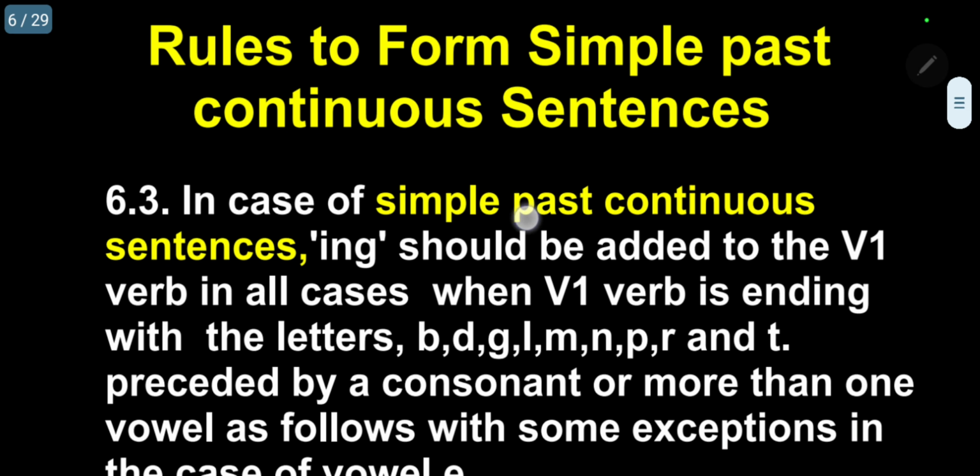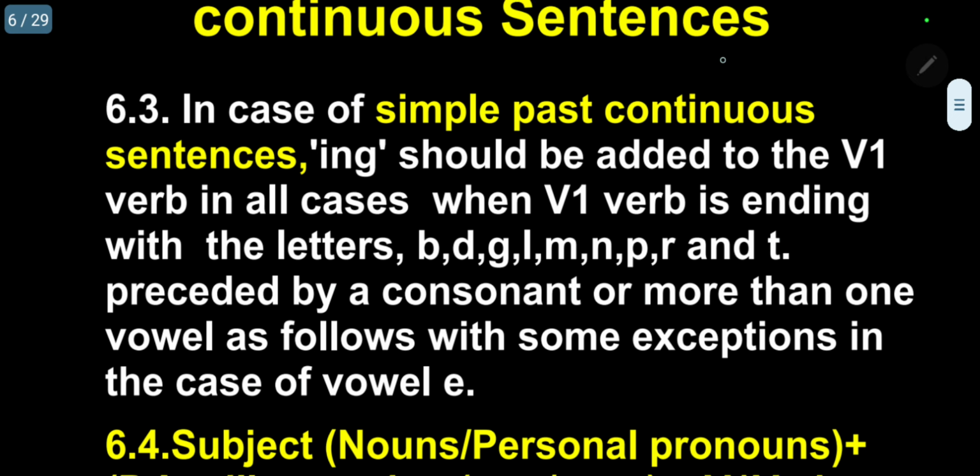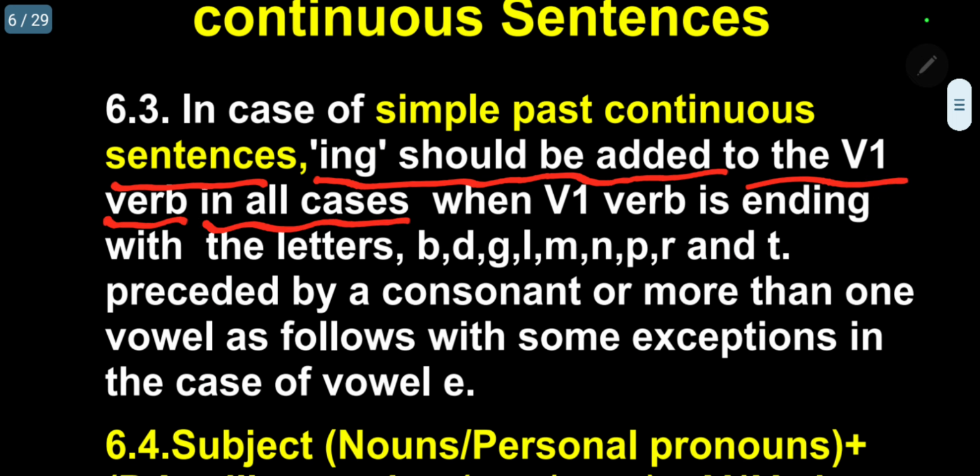The next one, 6.3. Please follow. This is another important rule. In the case of simple past continuous sentences, ing should be added to the V1 verb in all the cases when the V1 verb is ending with the letters B, D, G, L, M, N, P, R, and T. This is the most important.